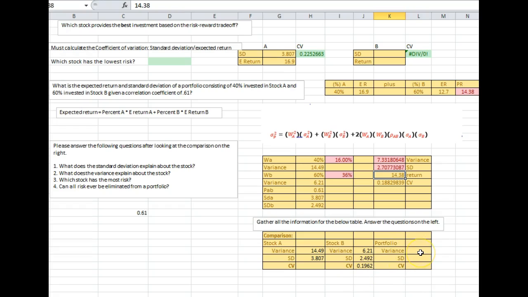Then I'm going to figure out the variance here, which is 7.331. And the standard deviation is 2.7077. And the CV for this, which is its risk factor, is .1882, with a decimal point in front of that.